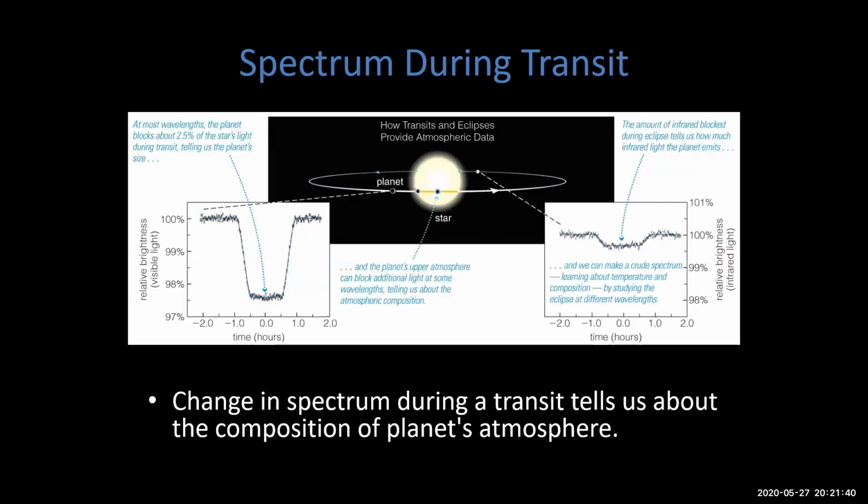One thing that was noticed was that in some cases, when the planet transits around its star, the spectrum received from the light signature of that star changes.